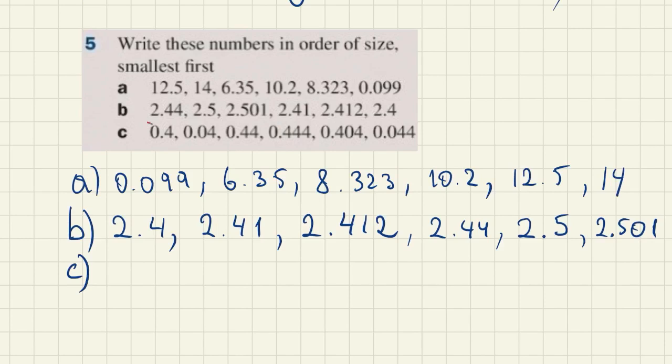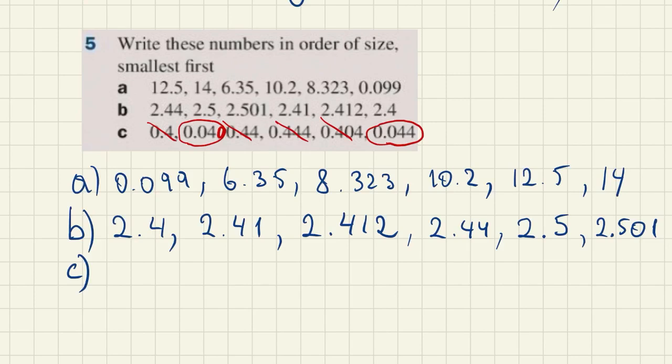So for now we're going to exclude them. We want to find the absolute smallest number first. So the candidates for the smallest number are 0.04 and 0.044. And as I told you before, you have to look at the number which has the least digits in it, because we can make it 0.040.